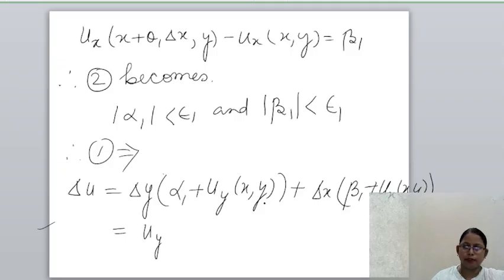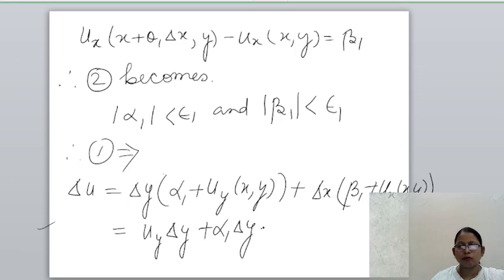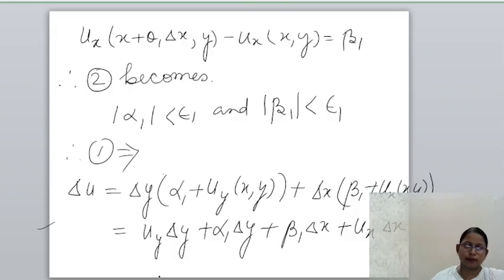I am writing only uy, but whenever I write uy, this will be equal to uy(x, y). Okay, this is uy delta y plus alpha 1 delta y plus beta 1 delta x plus ux delta x.